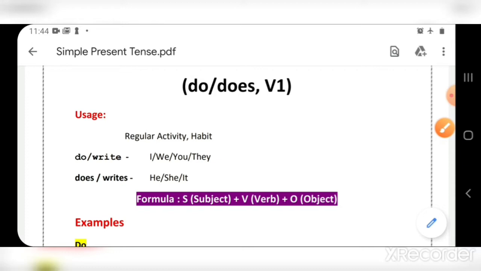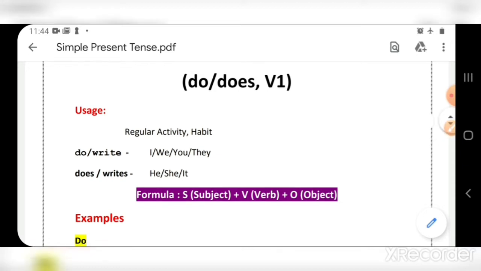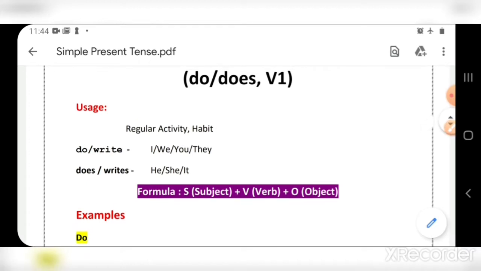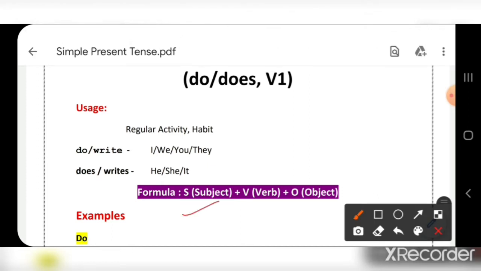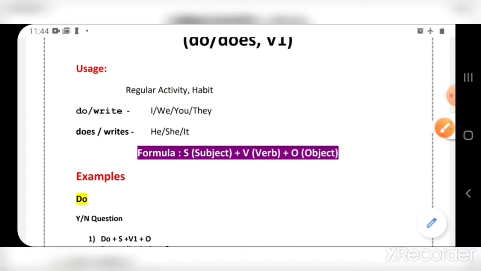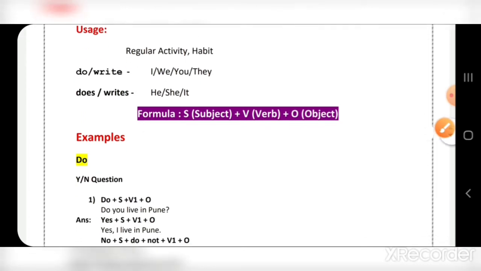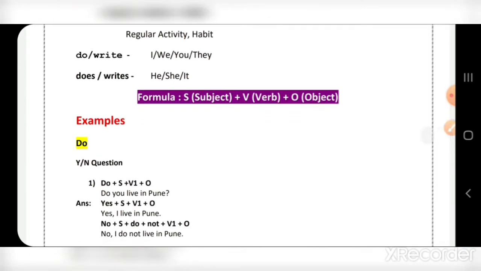Okay, so now coming back to the point, that is formula. What is the formula of simple present tense? It's subject plus verb plus object. Okay, subject, verb, object. So this is the formula. Now subject is what?